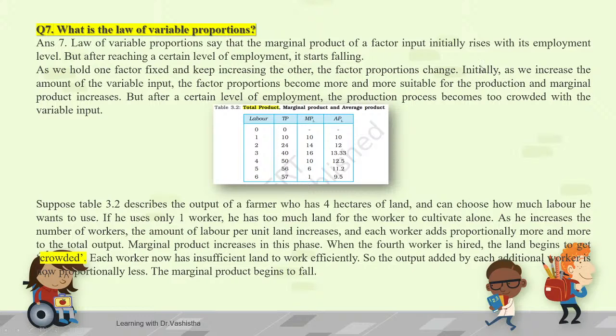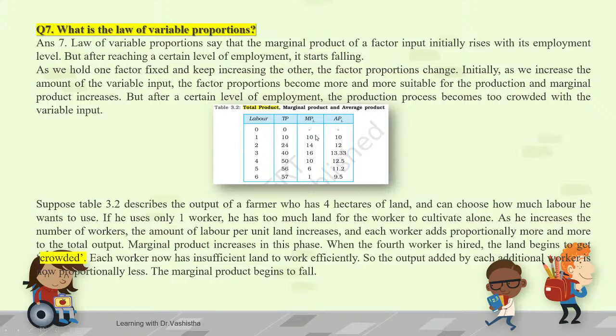Initially, as we increase the amount of the variable input, the factor proportions become more and more suitable for production and marginal product increases. But after a certain level of employment, the production process becomes too crowded with that variable input. So then the efficiency reduces and the marginal product starts reducing.